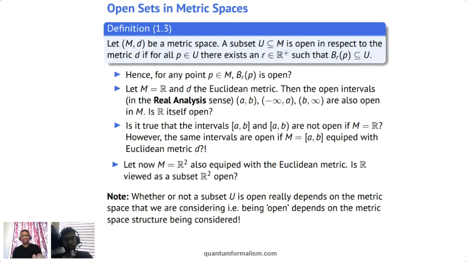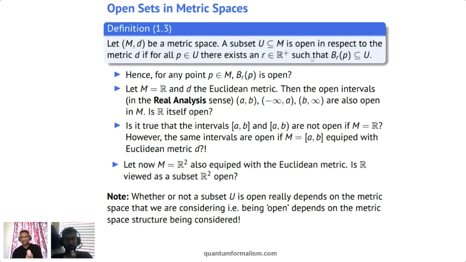I will not answer, because it's very important for you to be able to answer this yourself, so you know exactly what's going on. The same with this other question. For example, if M equals the reals and d is the Euclidean metric, the question is whether the open intervals, in the analysis sense, are also open in M. Now another question is, is R itself open?